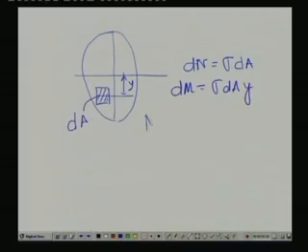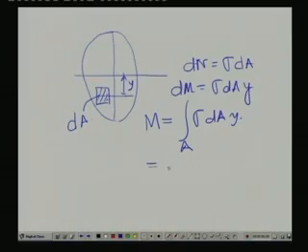So, what is the total moment generated over the cross sectional area? M is the integral over the area A of sigma dA into y. If we substitute the value of sigma, what do we get?